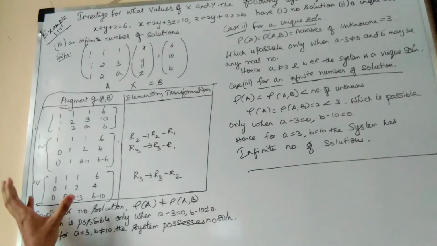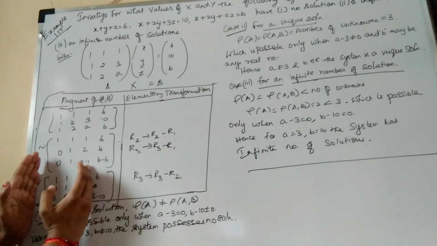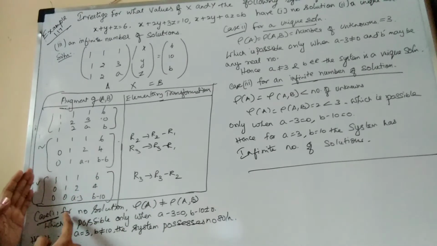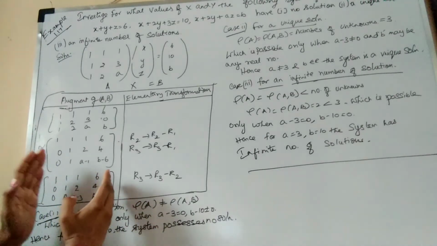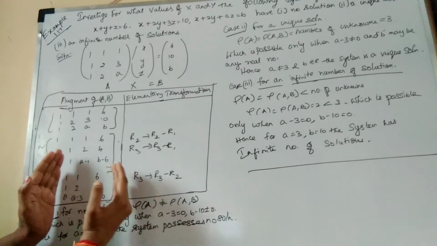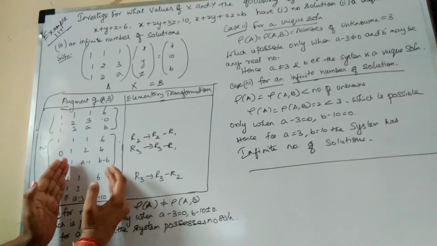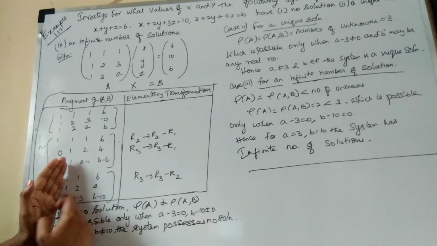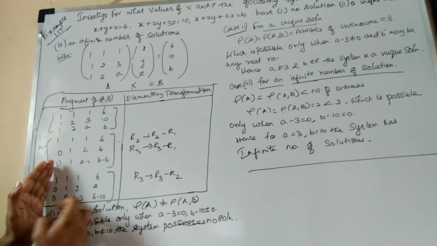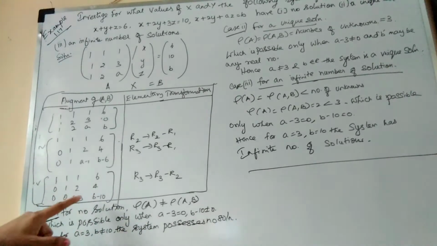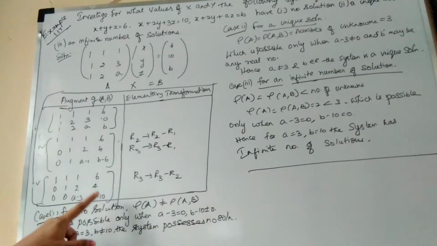Now in this form you find the rank of A. Rank of A means finding the determinant value of A. To get the rank of AB, that means including the B elements, you have to find the determinant of any 3 by 3 submatrix, such as columns 2, 3, 4, or 1, 3, 4, or 1, 2, 4. If the rank of A and the rank of AB are not equal, that is the case of no solution.